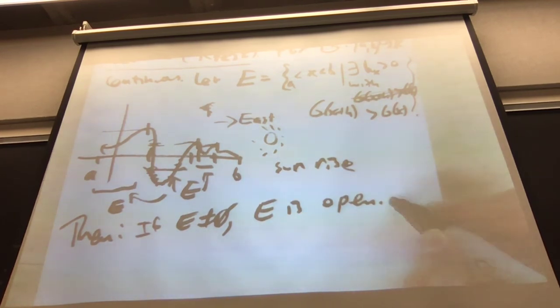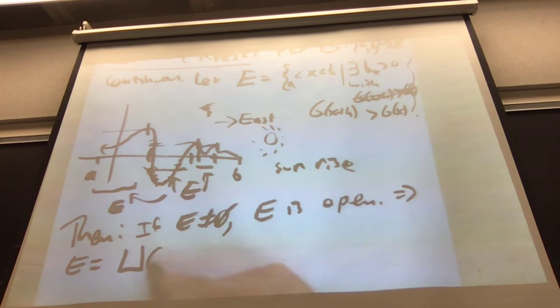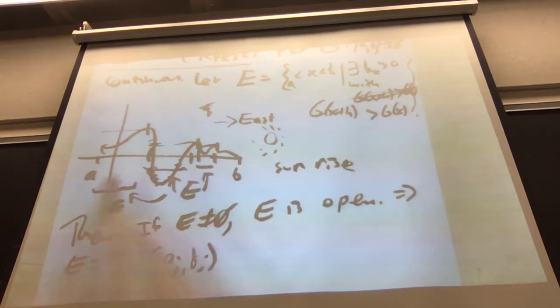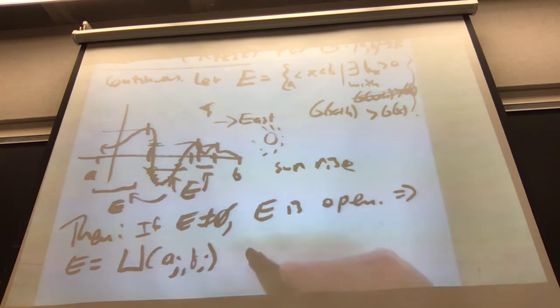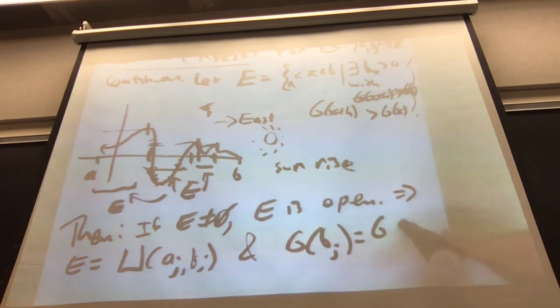since it's an open subset of the real line, we know the structure of open sets. E is a countable disjoint union of some intervals, which is what we saw here. And g of b_j is equal to g of a_j.